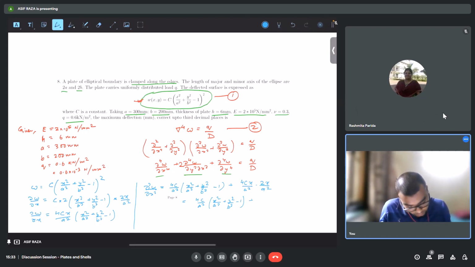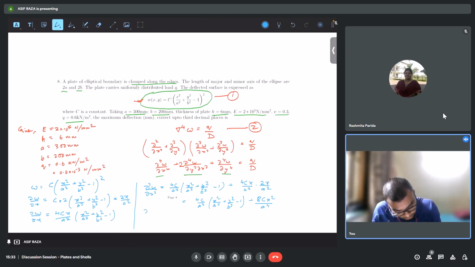So this would be 8c x square by a to the power 4. Now take the third derivative, x cube will be what?